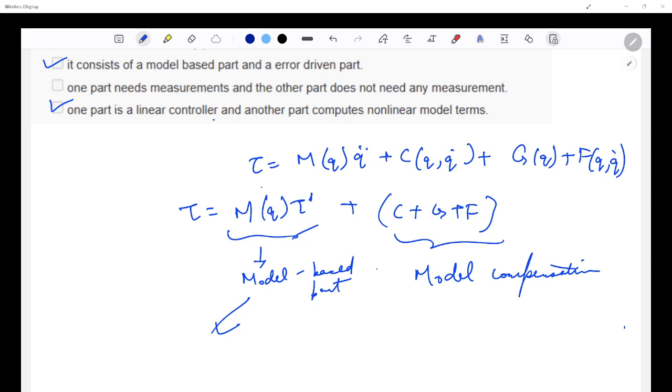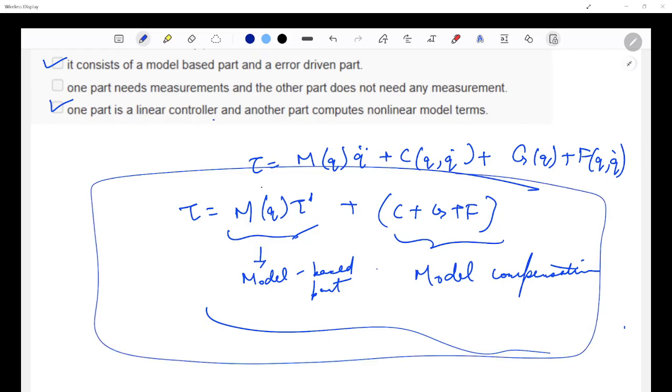The error driven part is typically a PD controller, which ensures tracking. So this complete control is from the model side, and then we also have the error driven part, which comes from the PID controller.